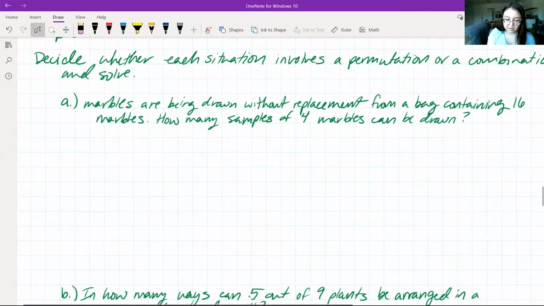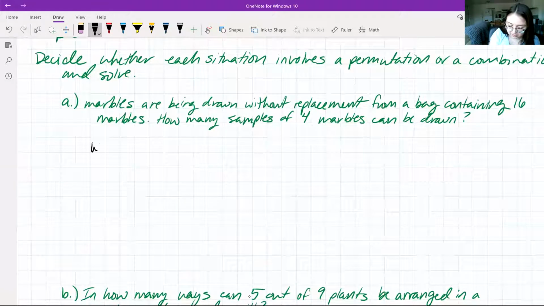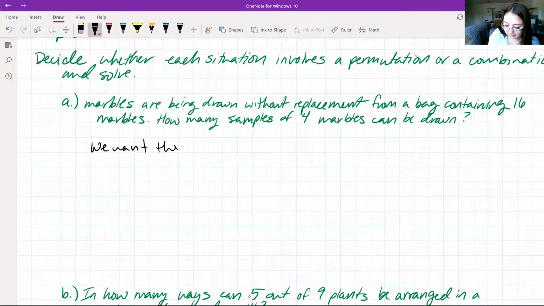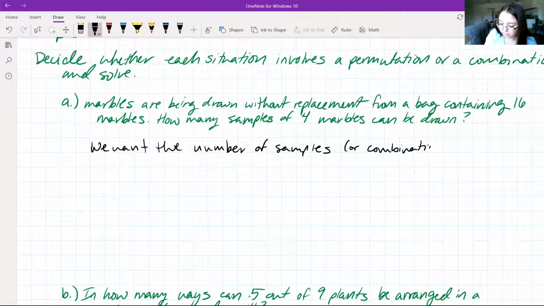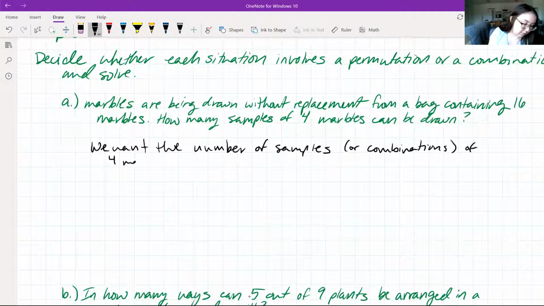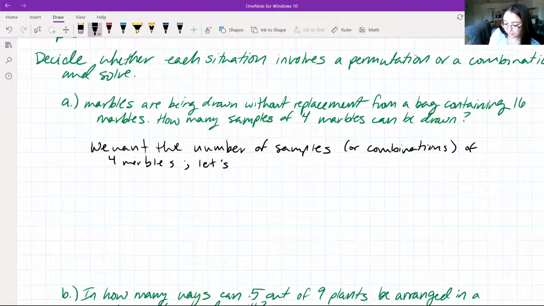So we can say here we want the number of samples, or combinations, of 4 marbles, so let's use the combination formula.